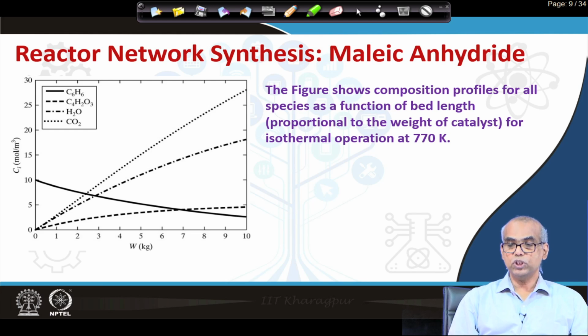This figure shows composition profiles for all species as a function of weight of catalyst, which is also basically proportional to the bed length, and this figure corresponds to the temperature 770 Kelvin, which we considered as the best compromise temperature.